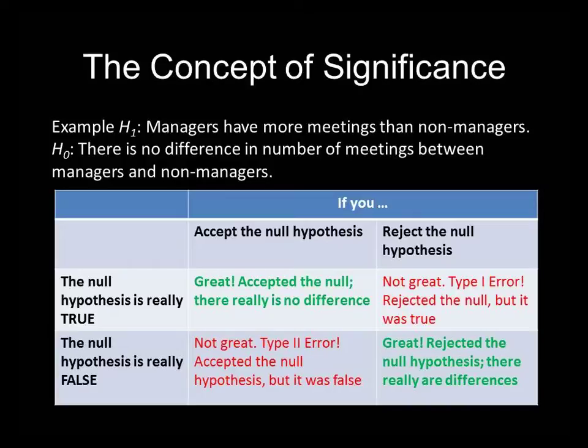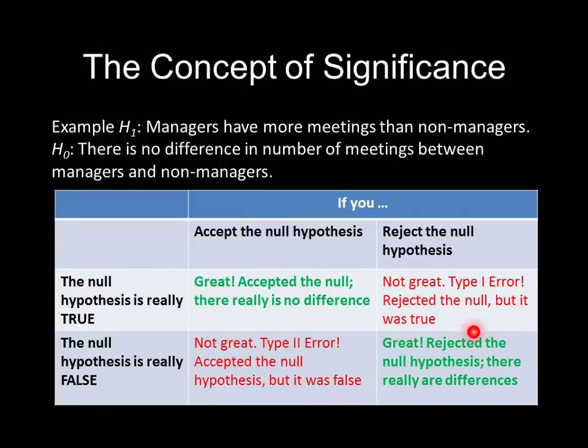If we accept that null hypothesis, and the null hypothesis is really true, well, that's great. We've accepted the null, there really is no difference. Good. If we reject the null hypothesis and we say that managers have more meetings than non-managers, but that's not really true, that's what we call a type 1 error.